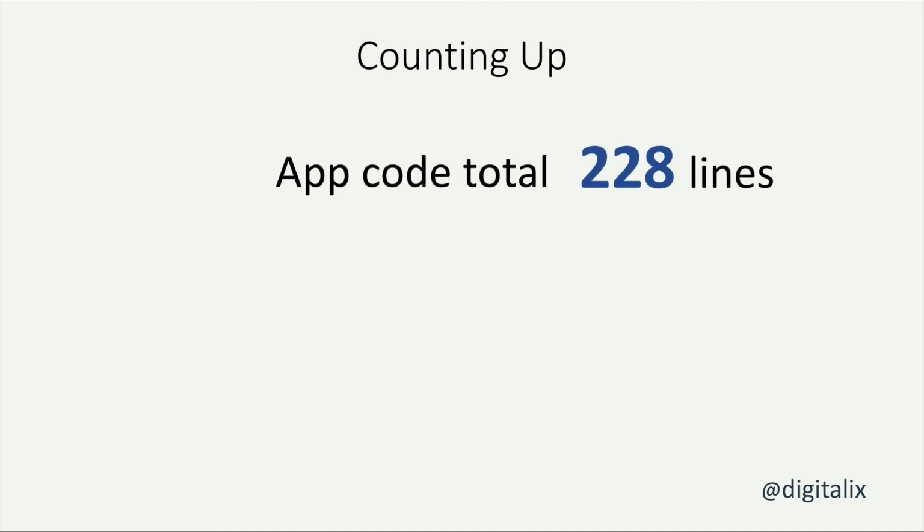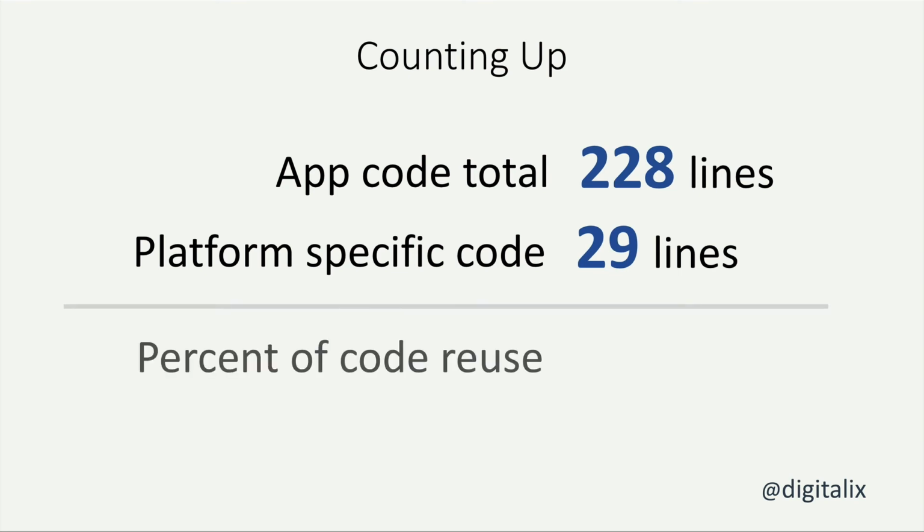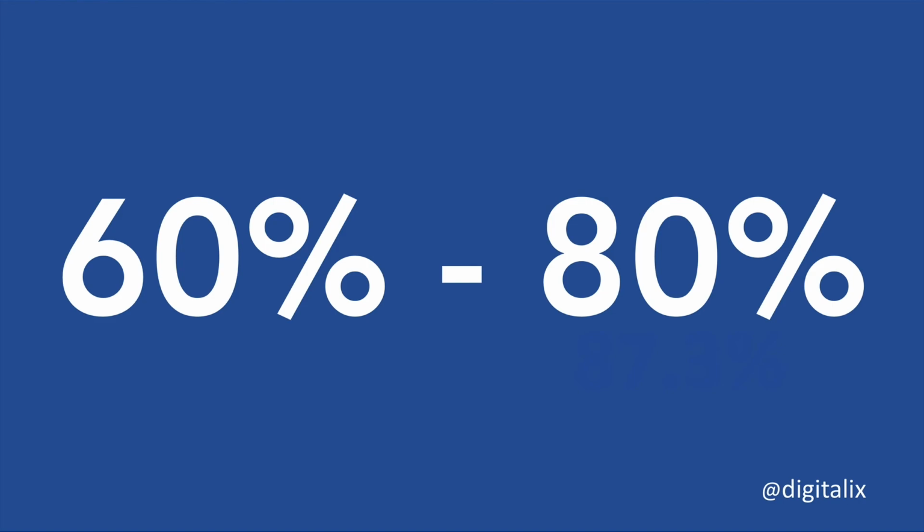So what I got was, in this little application, I had a total of 228 lines of code. Platform-specific code was only 29 lines. So if we converted that to a percentage, 87.3. Typically, there is about 60 to 80% code reuse in real-world apps using these scenarios, and that's huge, right?